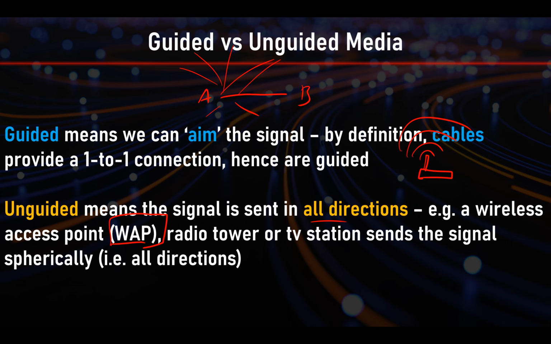Also radio towers and TV stations send signals spherically, in a circle, in all directions. If you've got a TV tower, you wouldn't want it to only send signal in one direction, because people on this side of the city or that side wouldn't be able to listen to the radio or get the TV network.